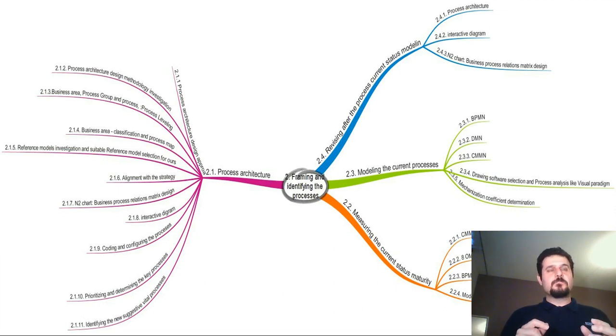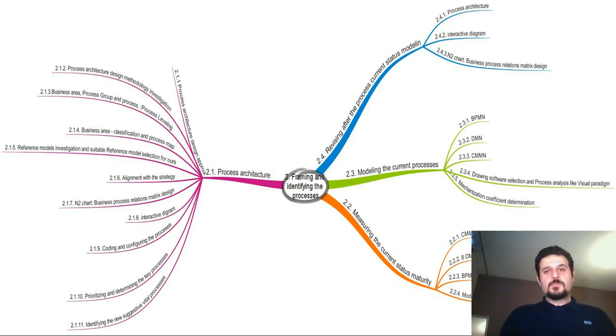You can, for example, use IDEF0. By IDEF0, you can determine what the processes are, what the input is, what the output of the processes is, and what the next processes are, and determine the relationship between the processes.